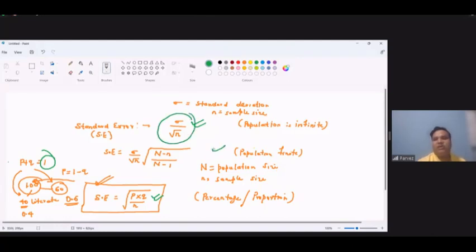If they say out of 20, I'm selecting 10, then population size is 20 and sample is 10, so capital N is given. I'll use the second formula. When proportion or percentage we can calculate, then I'll use the third formula. Clear now?